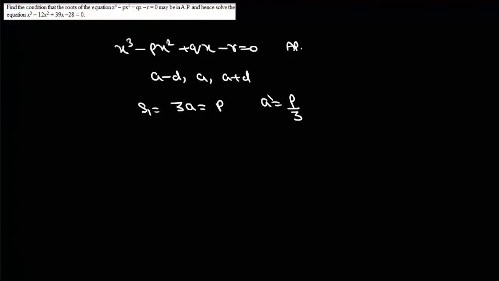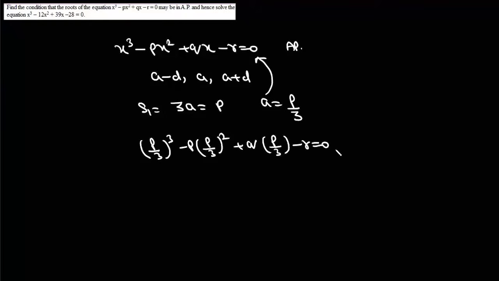Now since a is a root of this equation, it'll satisfy this equation, so we can write (p by 3) cube minus p into (p by 3) square plus q into p by 3 minus r equals 0.